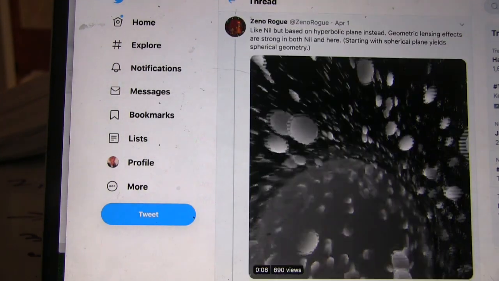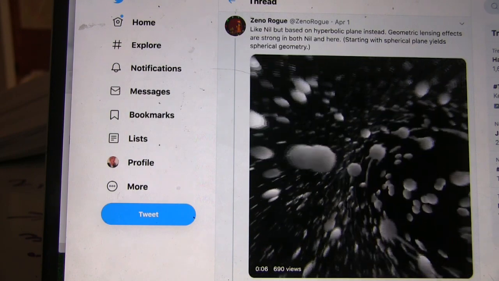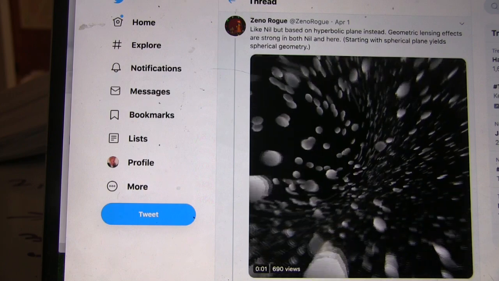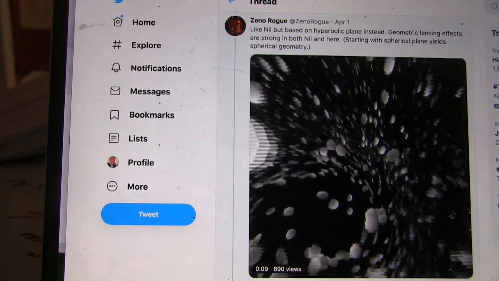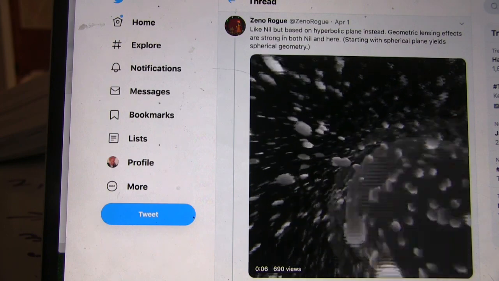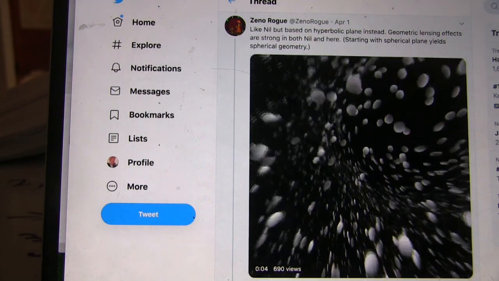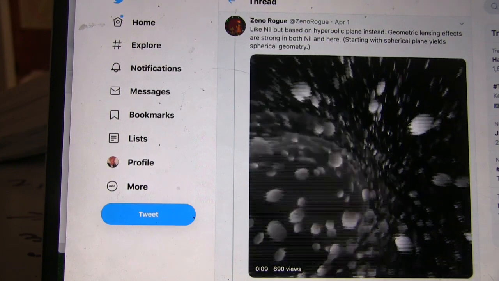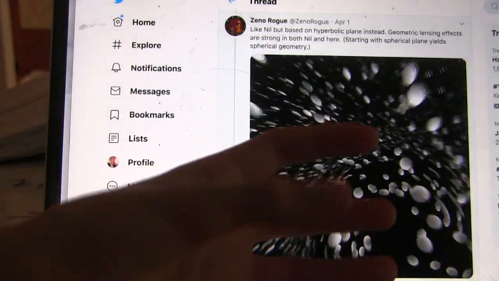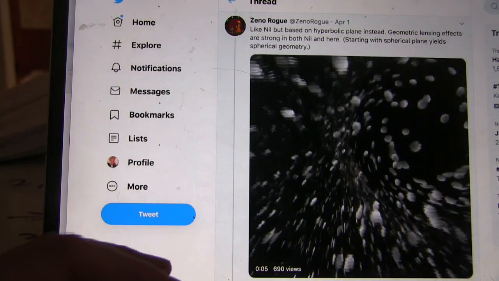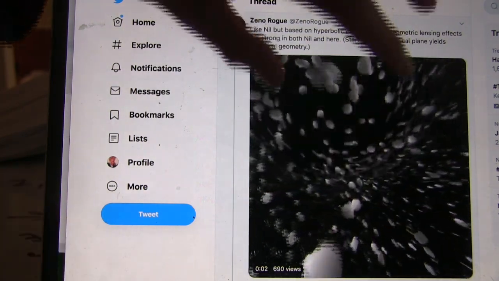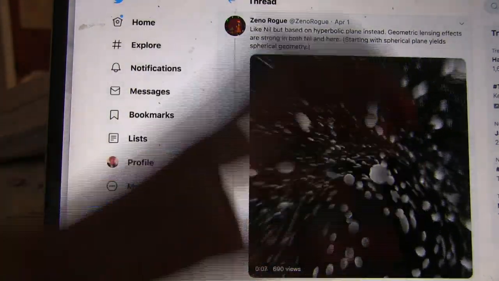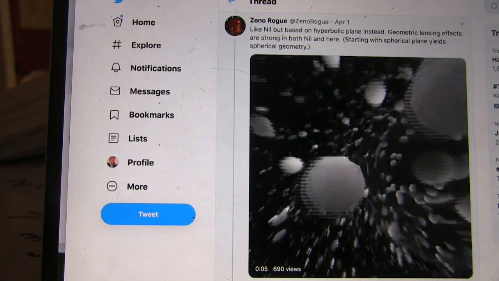Like nil, but based on the hyperbolic plane instead, geometric lensing effects are strong in both nil and here. Starting with the spherical plane, use spherical geometry. Whoa, how would you describe this? In this one, it looks like there are some snowballs getting pulled back up and then they gradually fall down, but you can imagine that there's like a cylinder where this big gap is and that sort of moves, but they're sort of falling around it almost.